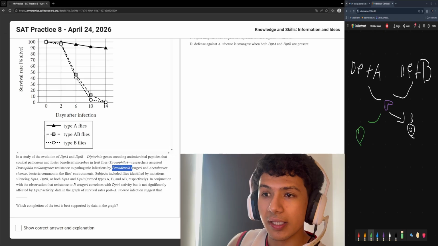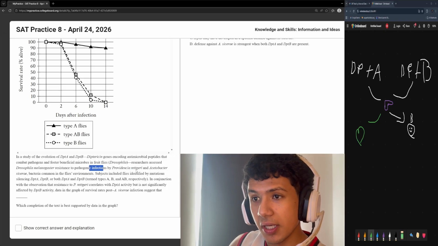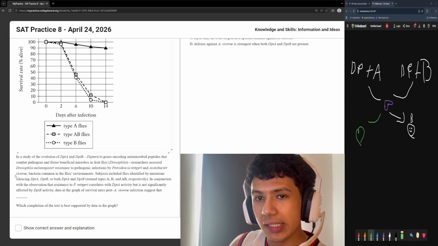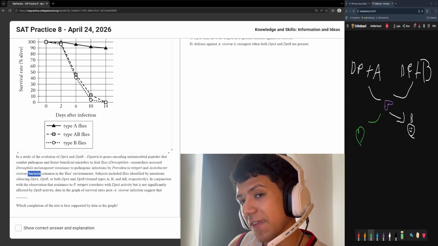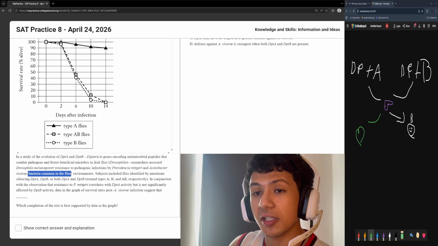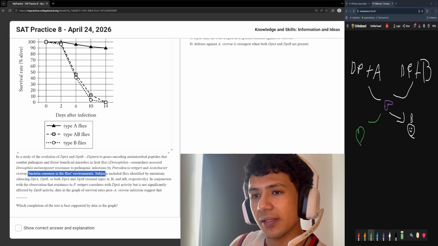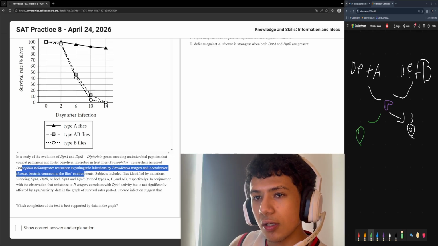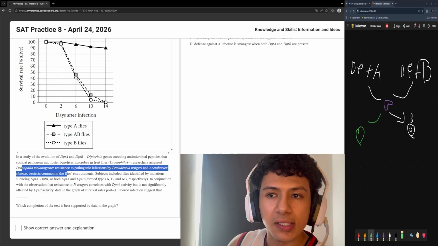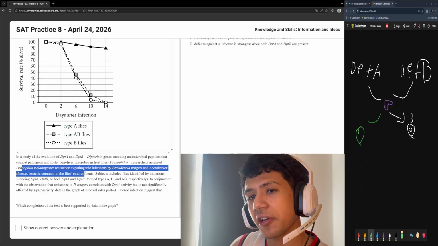So PR is something that causes an infection, and AS is something that causes an infection. Actually, it says they're bacteria that are common in the flies' environments, right? So they were assessing whether fruit flies were resistant to these common bacteria.